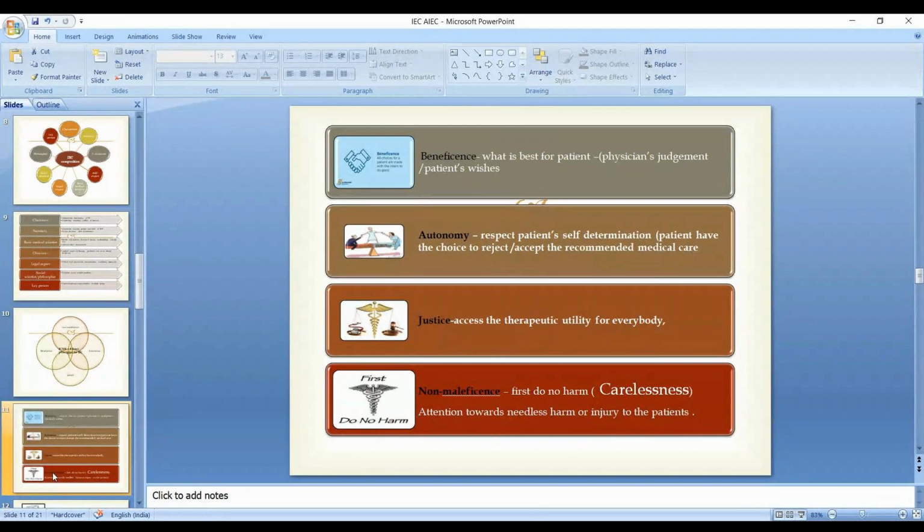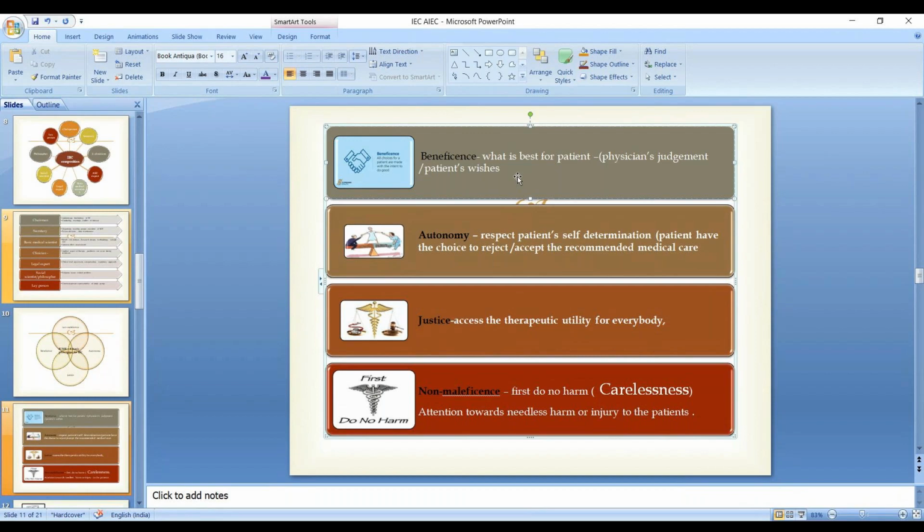If we see beneficence, in this we are taking care of what is best for the patient. So ICMR says that you have to choose such things which are best for the patient. It may include physician judgments and patient's wish.